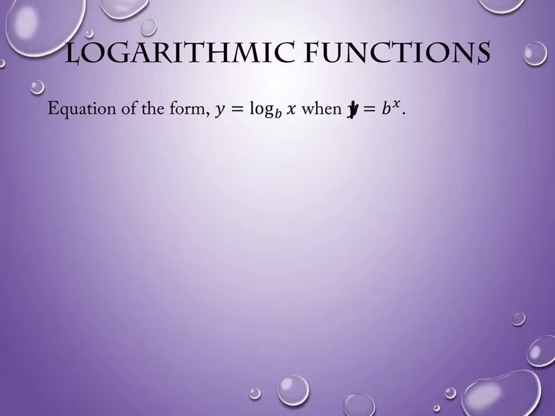It's a typo, sorry. That should say x is equal to b to the y. So if I have x equal b to the y, which is where we left off on the previous slide, it can be manipulated to look like y is equal to log base b of x.